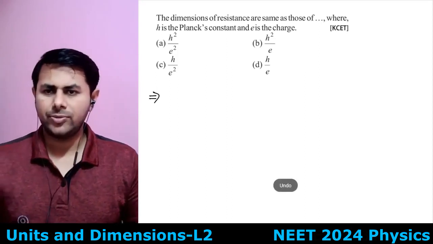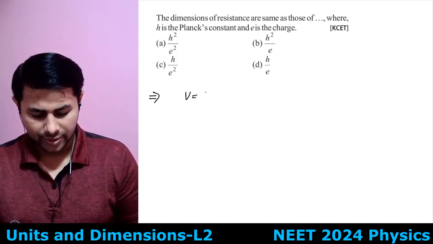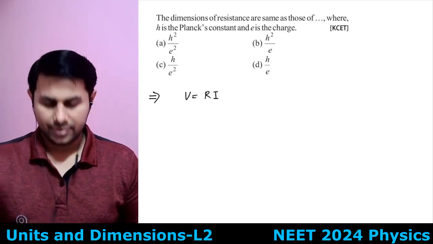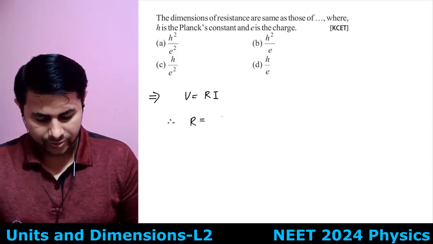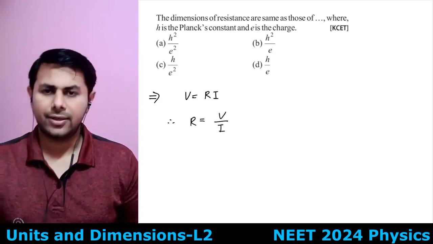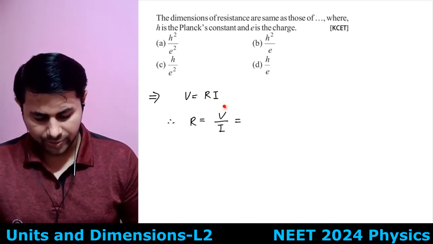Everybody knows Ohm's law, right? V equals IR, and therefore R equals V upon I. What is the potential difference?